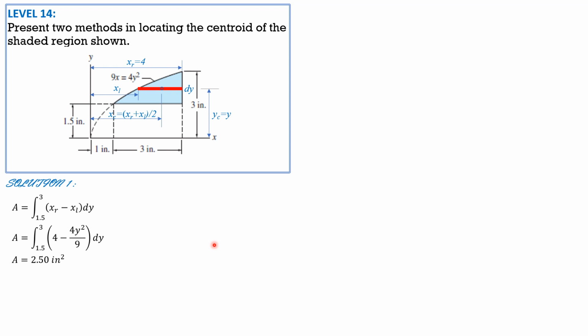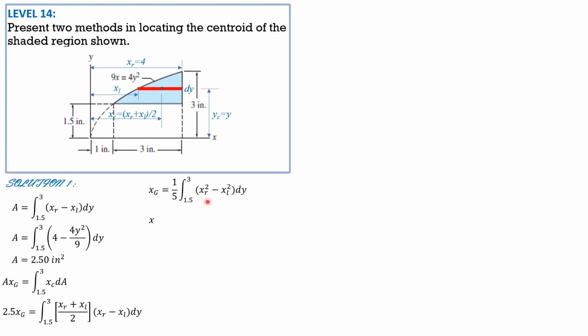Then for x sub c, area times x sub g equals integral of 1.5 to 3 of x sub c dA, where x sub c is this average here, 1/2 of right x plus left x, and dA is right x minus left x dy. So simplifying, x sub g is 1/2.5 times 1/2 integral from 1.5 to 3 of right x squared minus left x squared.